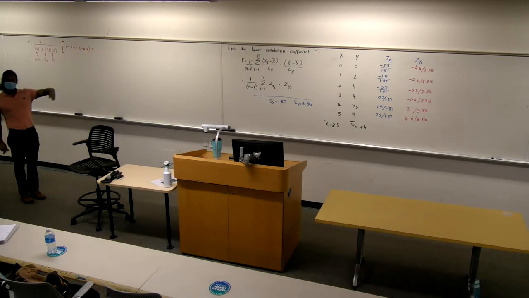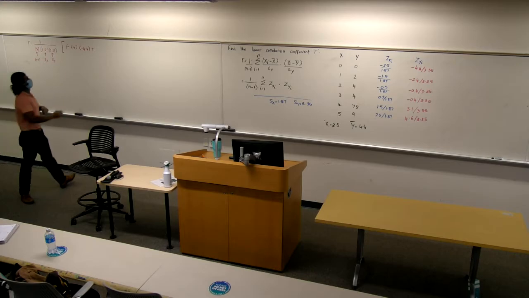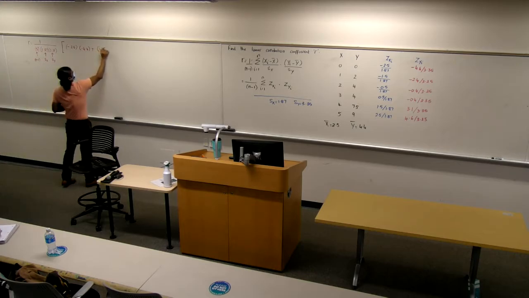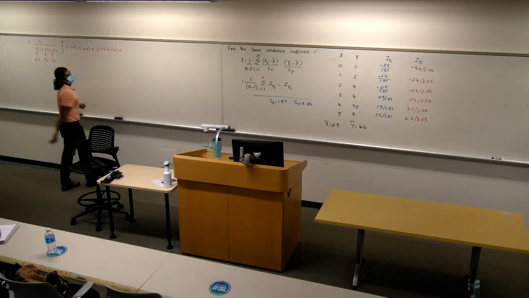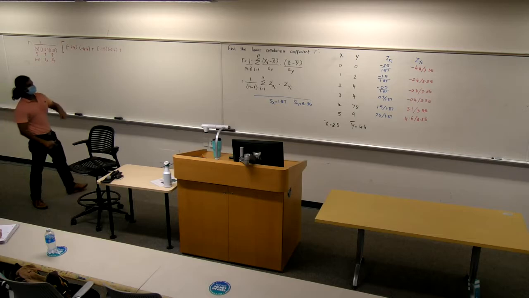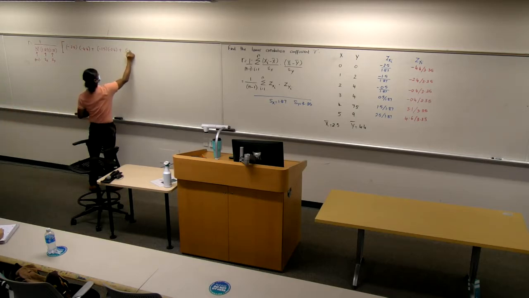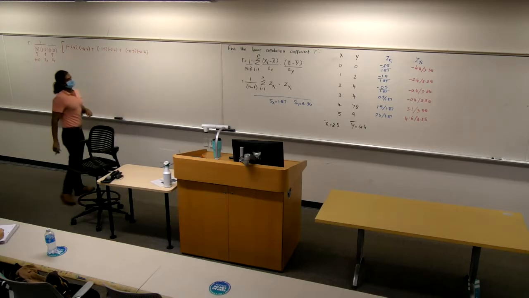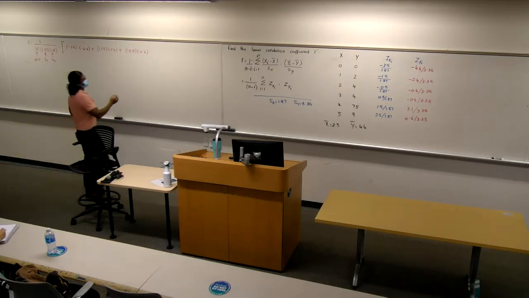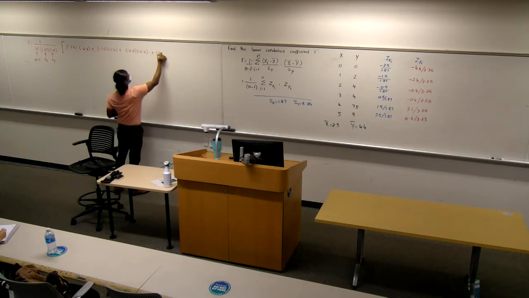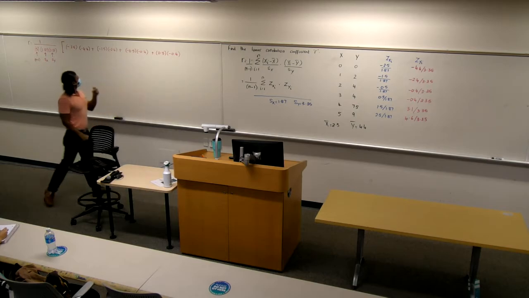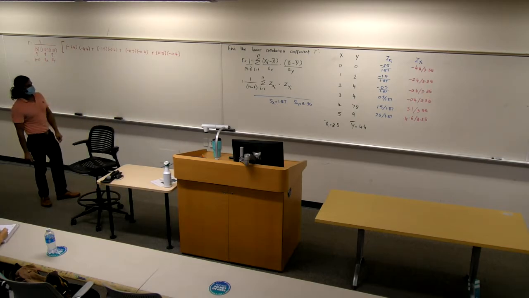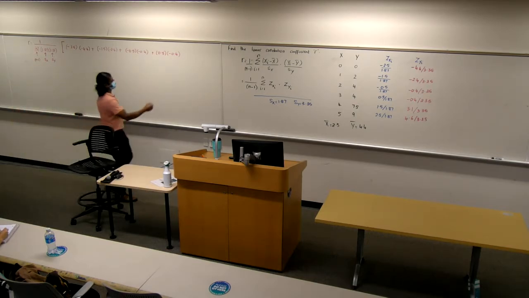Plus, because we are summing over all observations, plus negative 0.5 multiplied by negative 0.4. 0.5 multiplied by negative 0.4.